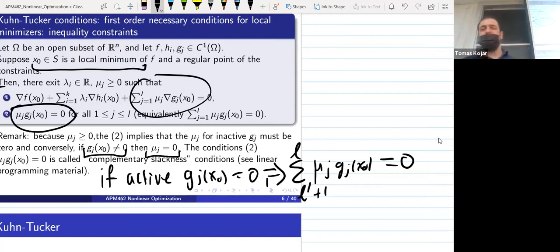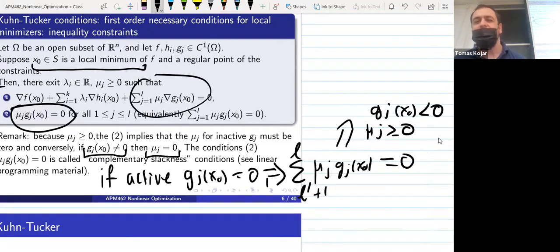But if the mu j's are non-negative, then the point is also feasible, and I already know that G j x naught is strictly negative. So from here I get mu j G j x naught must all be 0.